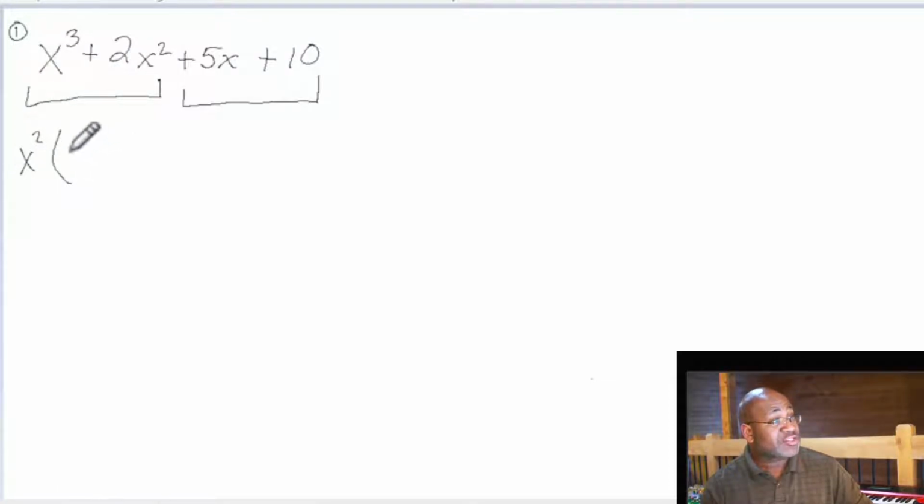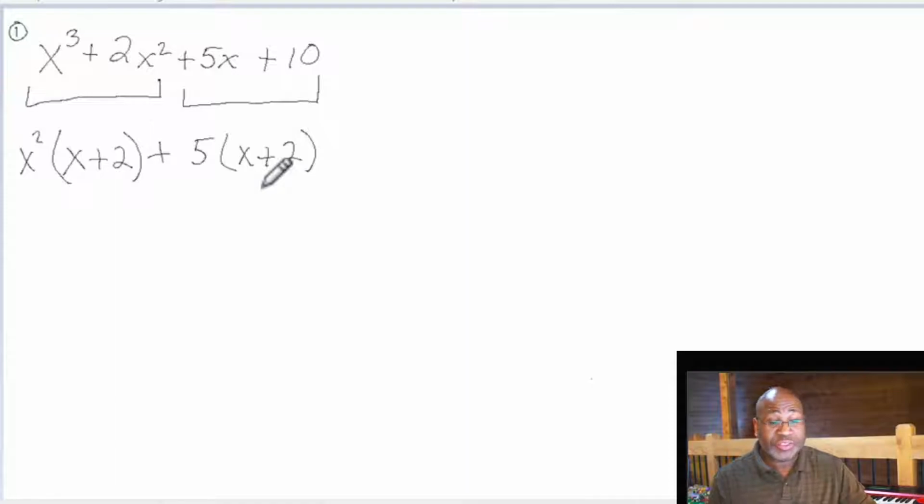So we take out the x squared, what's going to be left? x plus 2. We bring down the middle operation, which is addition, and then we look at the second pair. What's the greatest common factor of the second pair? Well, it's going to be 5. So we extract the 5, and that's going to give us 5 times x plus 2.